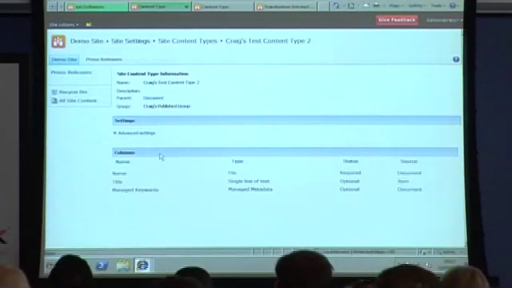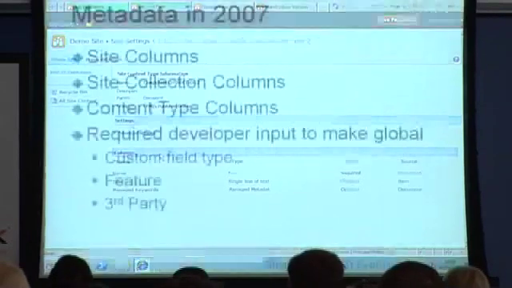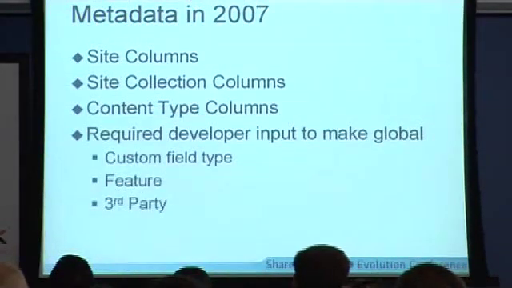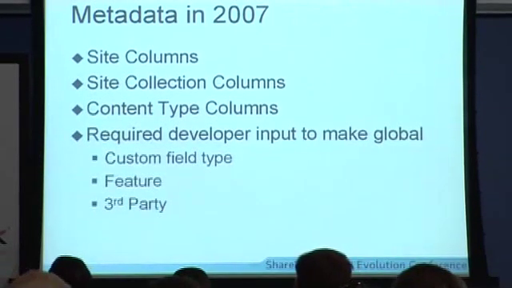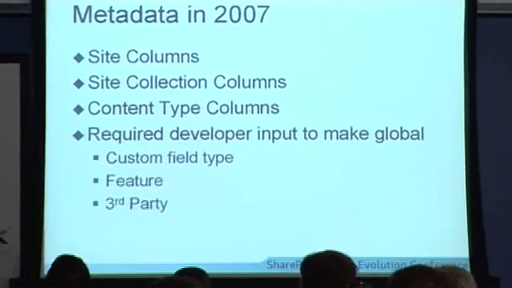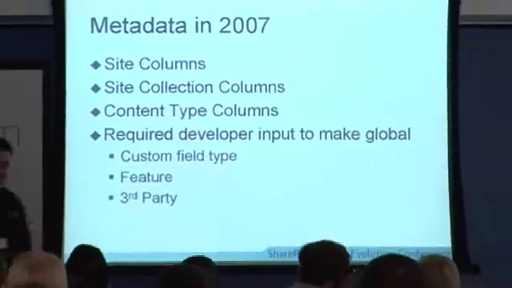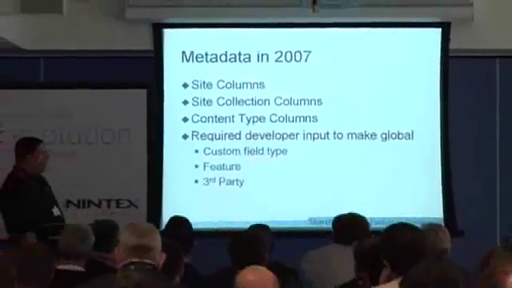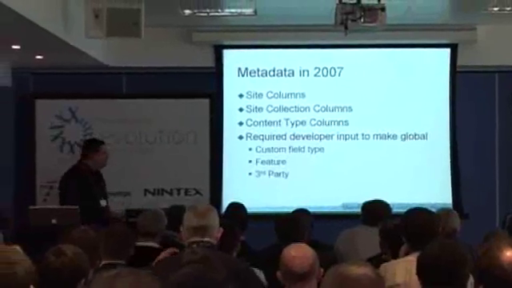Okay, so quickly then, because we are getting low on time. Metadata, 2007. We basically have site columns. We can add a column to a content type. We can have a column within the column gallery. We can make that column available across the site collection if need be.